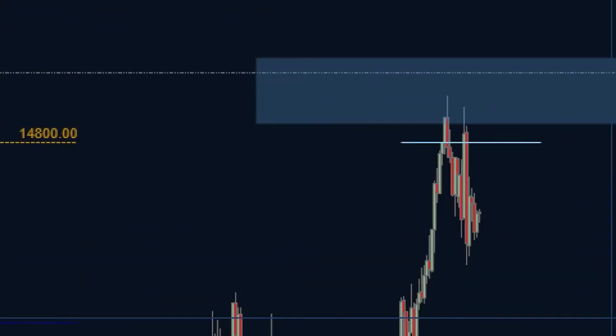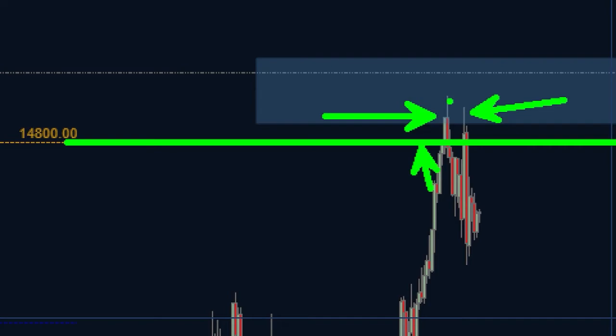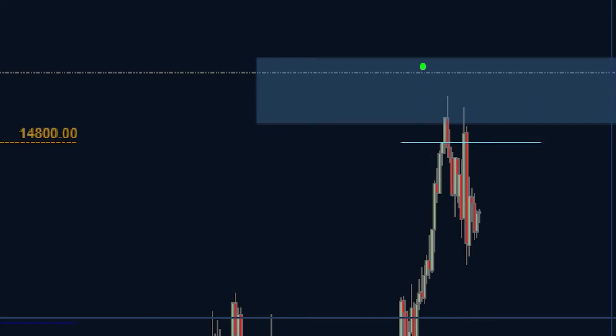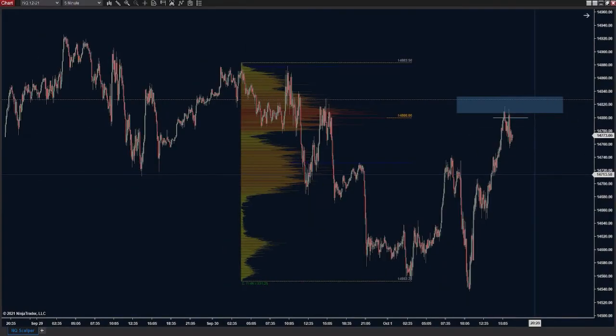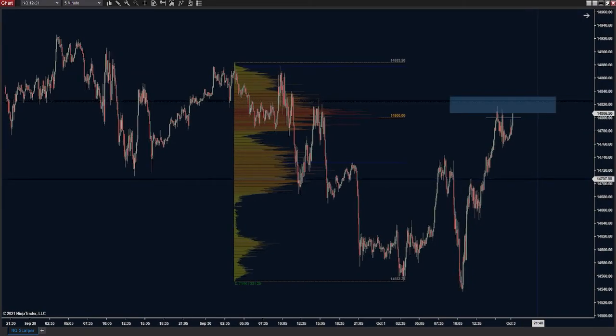You'll notice if you compare the two, it's reversing out of here. It's wicking off of this. It's not doing that off of the POC. It's not that the POC isn't here and creating a barrier, but the algos and all of the order flow are going to be happening up here because, again, that's where the risk versus the reward lines up.